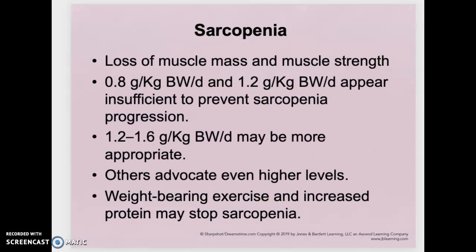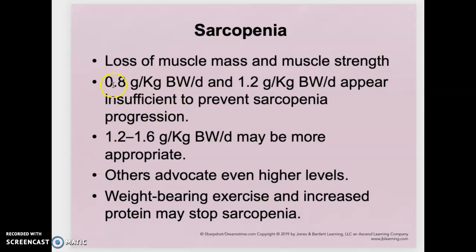Something you'll also see often in your clinical practice, unfortunately, is sarcopenia, and this is a loss of muscle mass and muscle strength. It's commonly seen in older patients, or age-related sarcopenia, and that's just what naturally occurs due to age. But it can also be because of lack of exercise and inadequate protein intake, or even through cancer and heart disease.